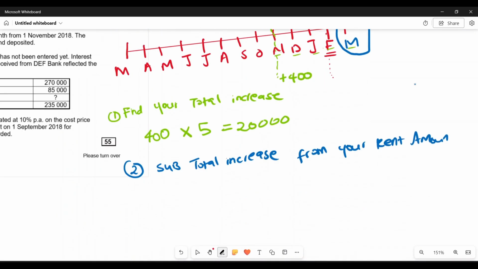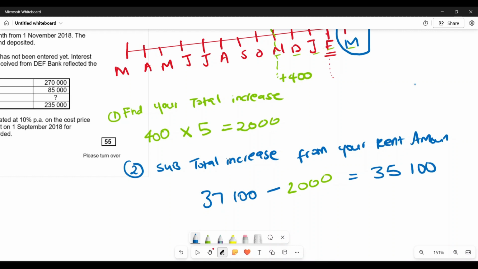So 37,100 subtract my total increase of 2,000. Let me just erase this, because it is supposed to be 2,000. So 37,100 subtracted by 2,000 equals 35,100.